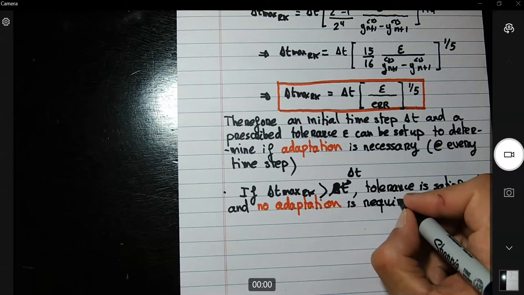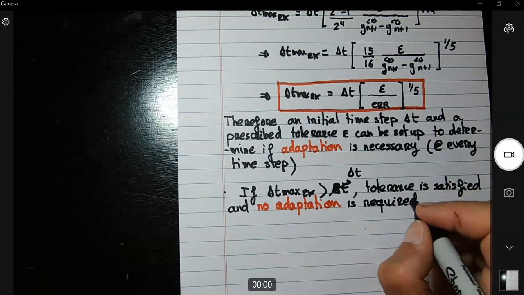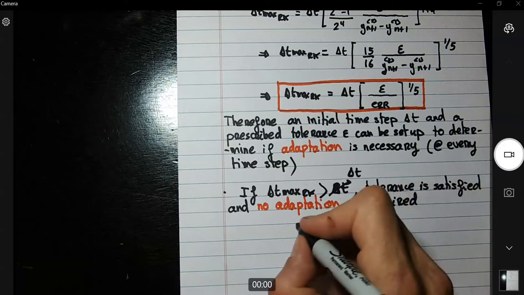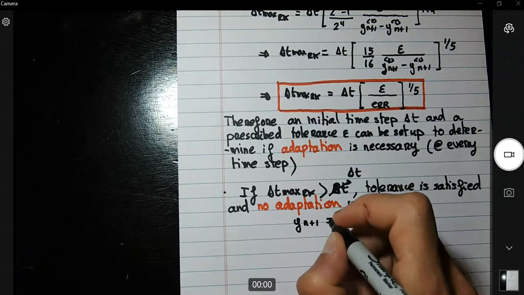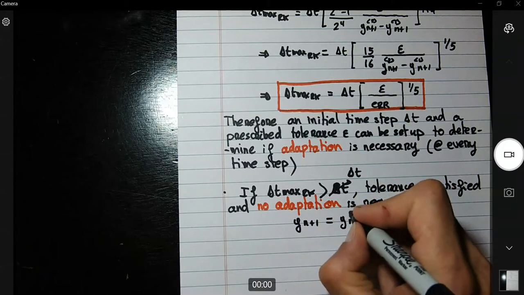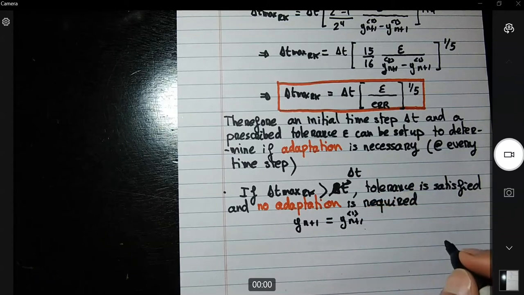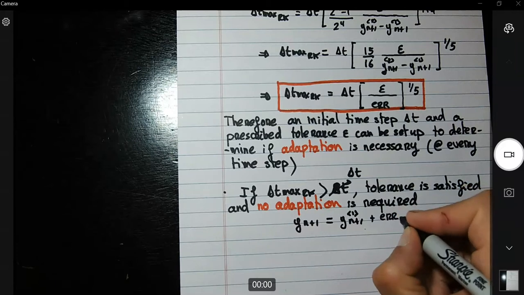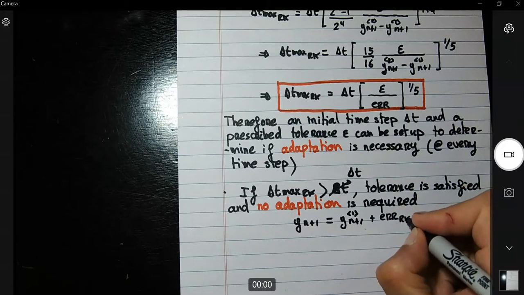So basically that means that we just have the traditional ODE4, okay? And in that case, you calculate the solution as y n plus 1 will just be equal to the y n plus 1 using the delta t because adaptation was not needed, plus the error of the Runge-Kutta. Okay?